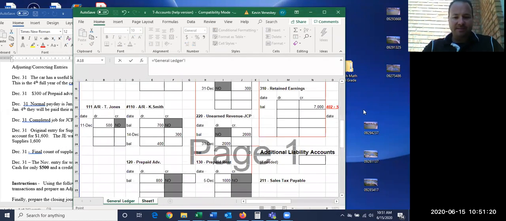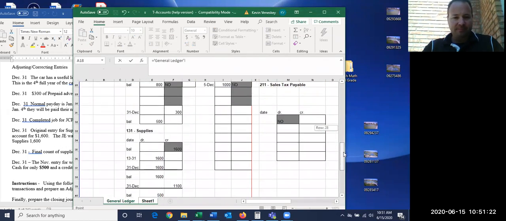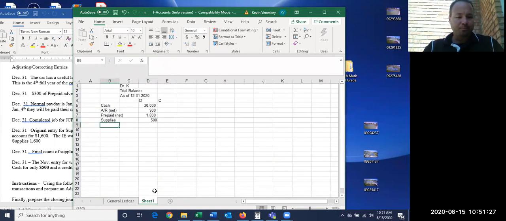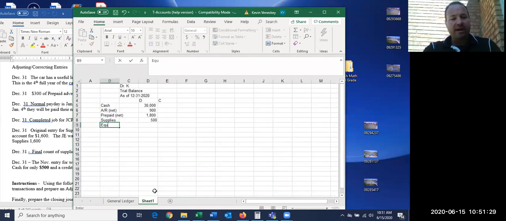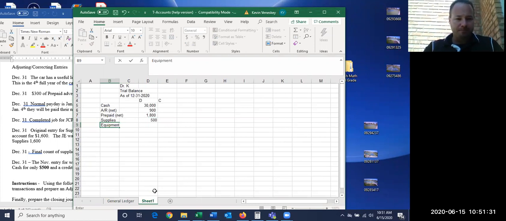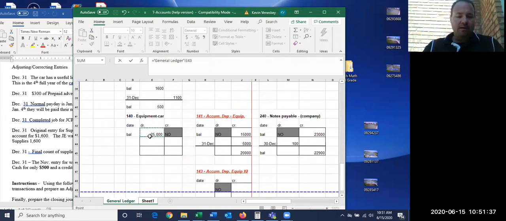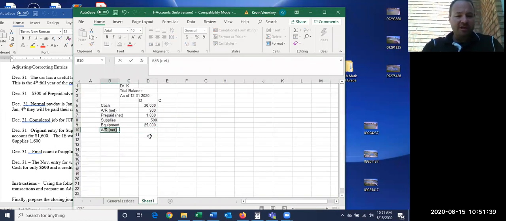Then we have our supplies. And then we total, then we have our final items, our equipment, and the accumulated depreciation. And note that the accumulated depreciation for the equipment is the credit balance.